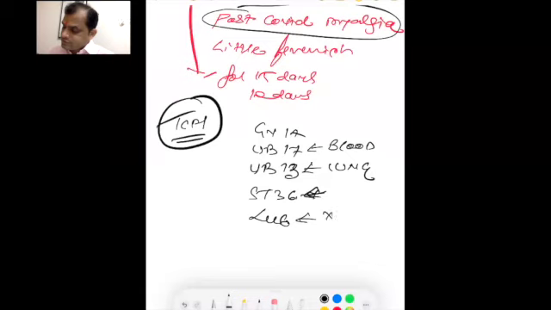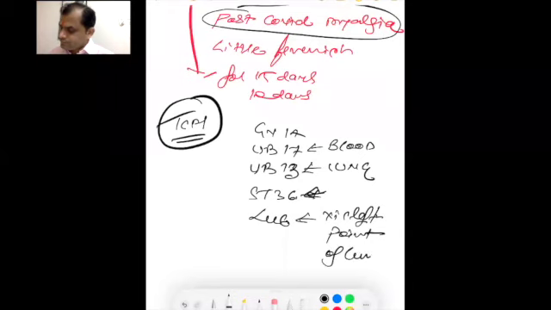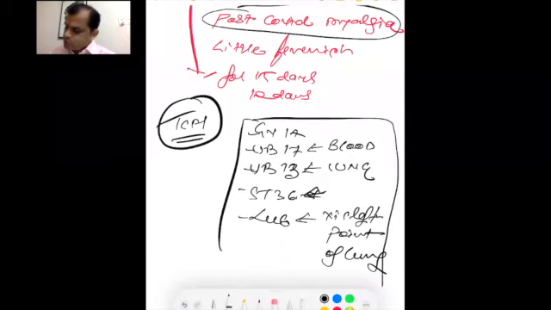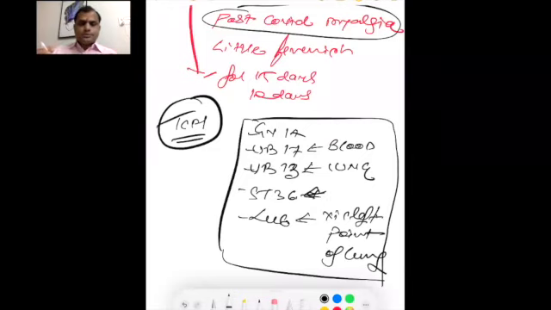And lung 6 is the xi cleft point of the lung. So just by stimulating these five points, we can work on the recovery condition.